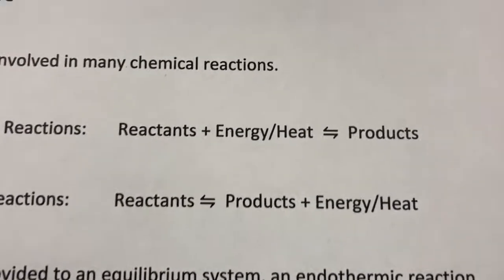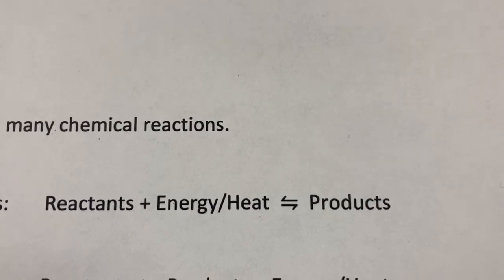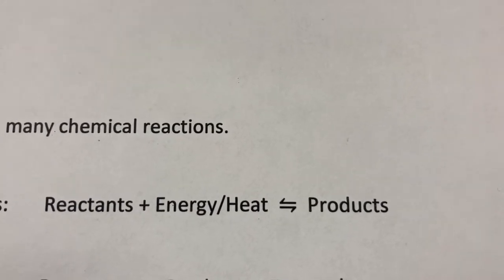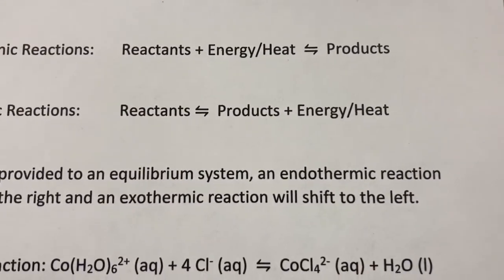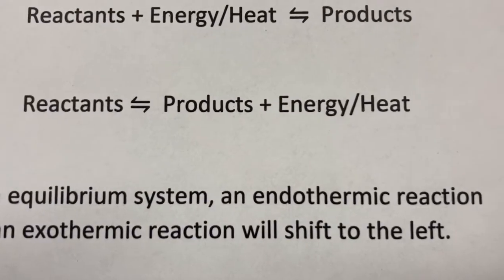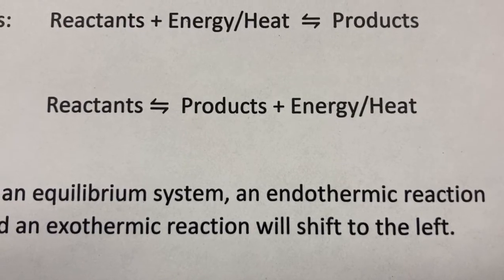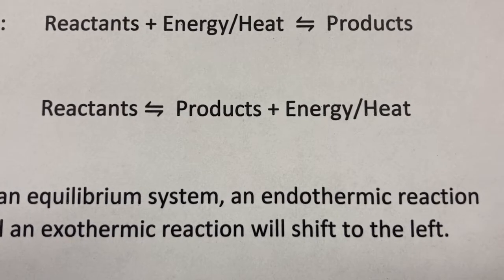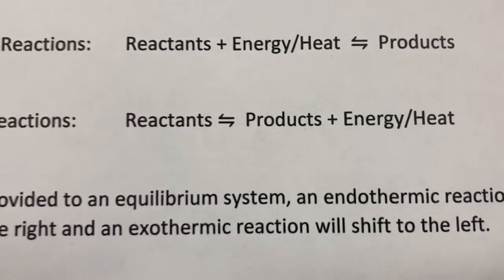As a result, if you add energy to an endothermic reaction, the reaction is going to shift to the right. For the same reason, if you add energy to an exothermic reaction, basically you are adding a product to the system. The equilibrium is going to shift to the left.